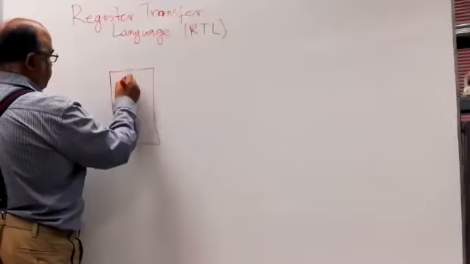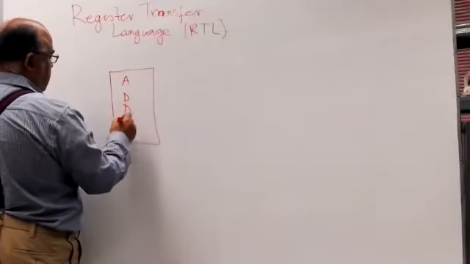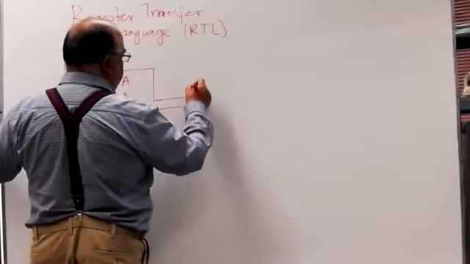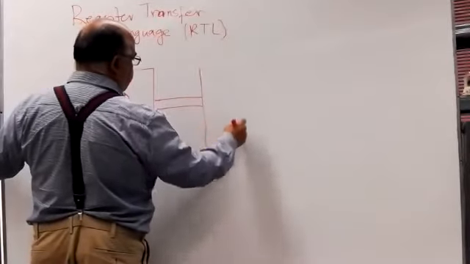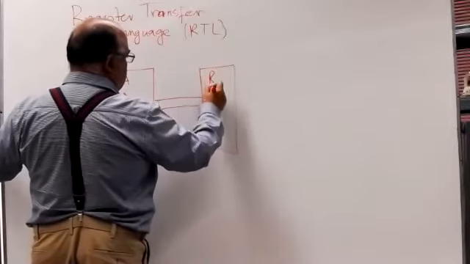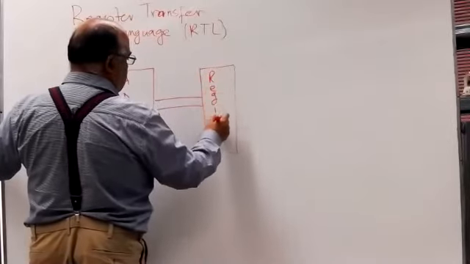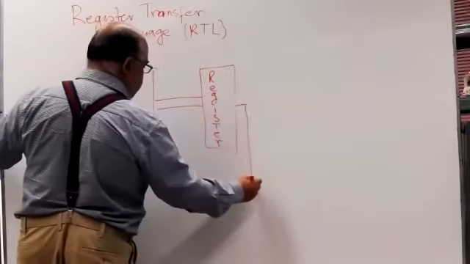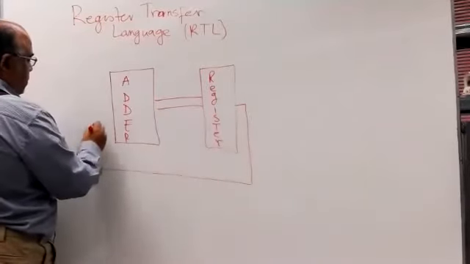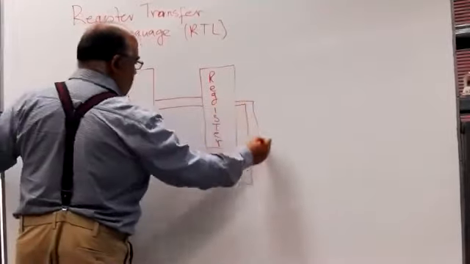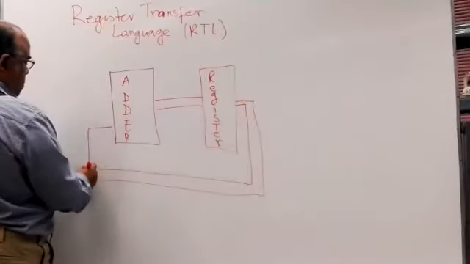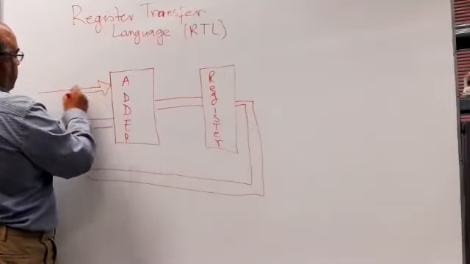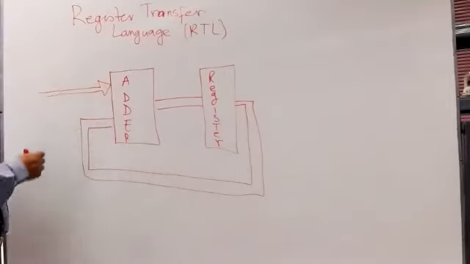We have this adder, and we added a register here. Output of this register was going in here, if you remember. And another input was coming from here through switches.